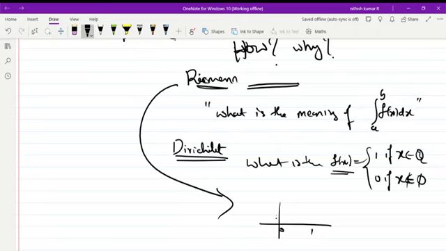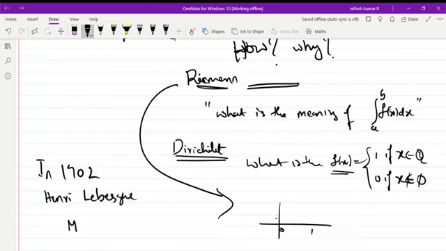It continued further in 1902. The mathematician Henry Lebesgue introduced a new concept. It is measure theory, which you will study in detail in the next semester, the third semester.